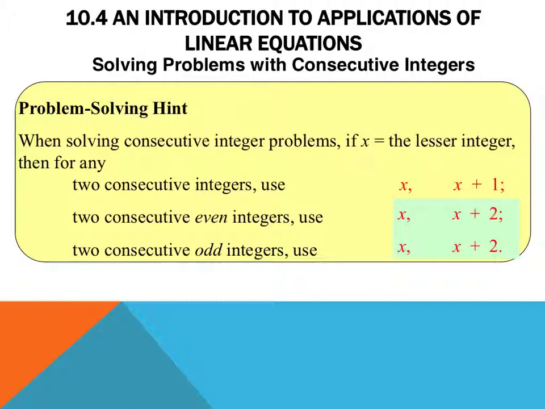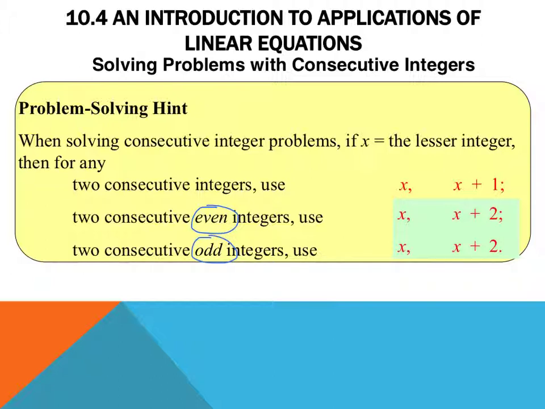So we let x equal the lesser integer, the smallest integer in the set, and then for any two consecutive integers we have x and then x plus 1, because it's always going to be just one more. If they ask for consecutive even integers, well, an even number is every two numbers, so it would be x and then x plus 2.